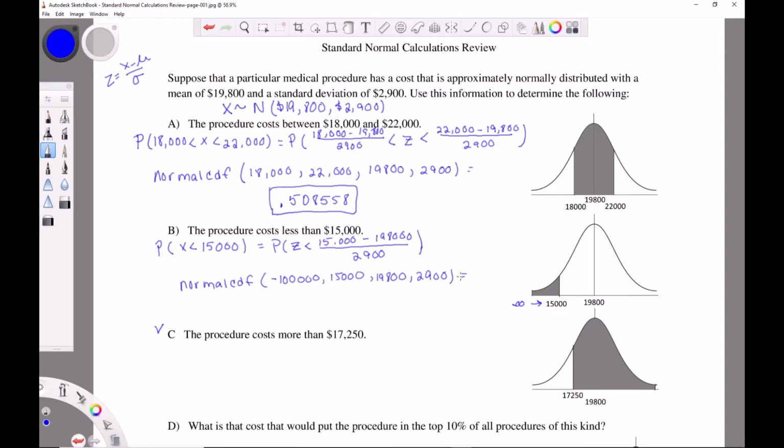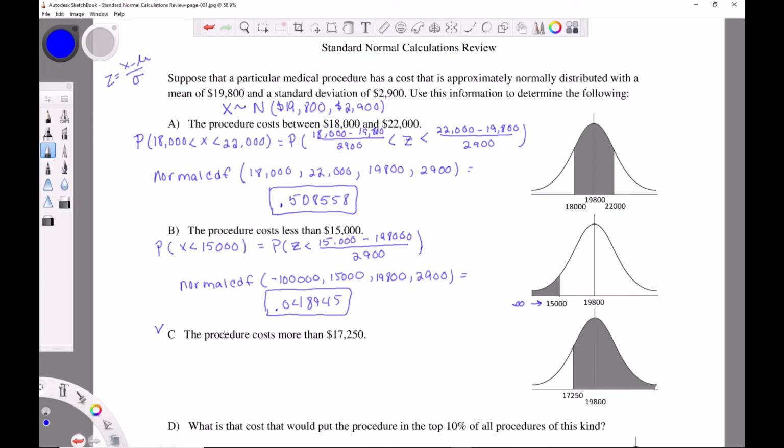And that gave me an answer of 0.048945. So if you were to just pick a procedure out at random from all these different hospitals, you would see something this low or lower about 5% of the time.